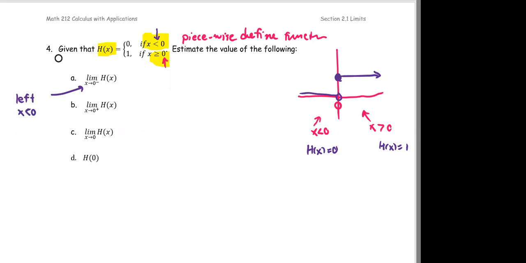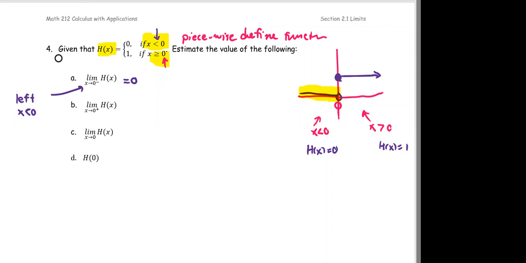As for the limit of the function h as x approaches 0 negative, you just trace the graph. If you have the graph handy, you trace the graph as x approaches 0 from the left side, and the function approaches the value 0, because we use the left line of the graph. So the answer is 0 as the limit value.